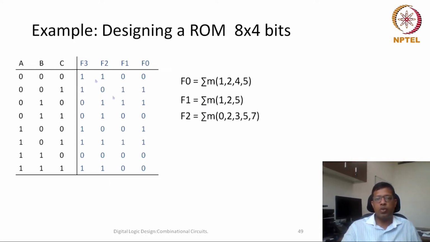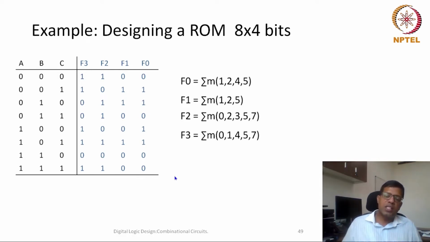My function f2 is the sum of minterm 0, 2, 3, 5 and 7, and function f3 is a sum of minterm 0, 1, 4, 5 and 7. So after writing this sum of minterm expressions, I can use K-map to minimize it and find out what the functions are for f0, f1, f2, and f3, and I can write them in terms of a, b and c.